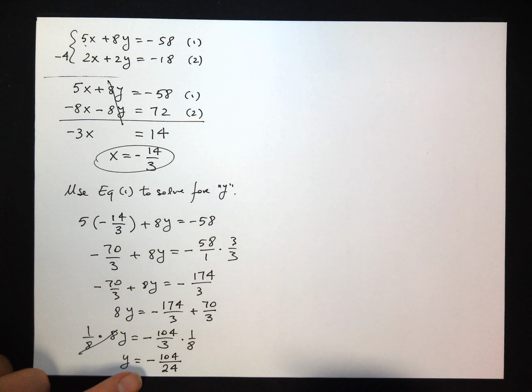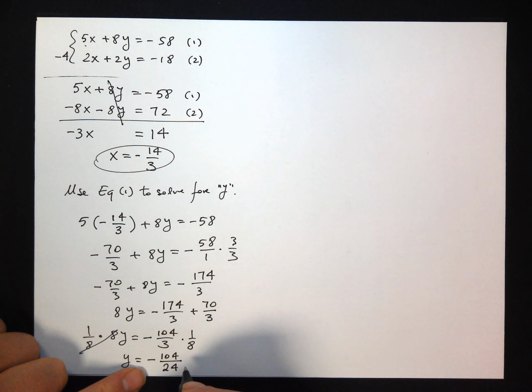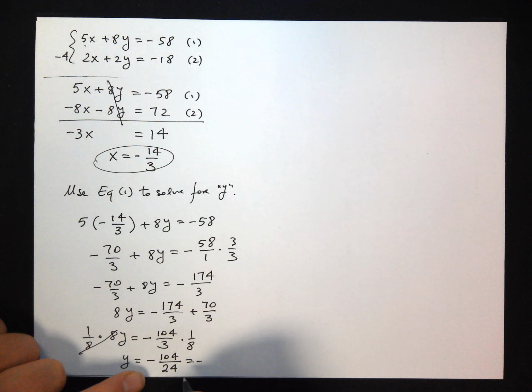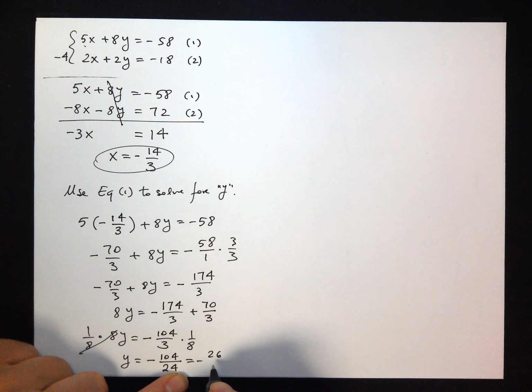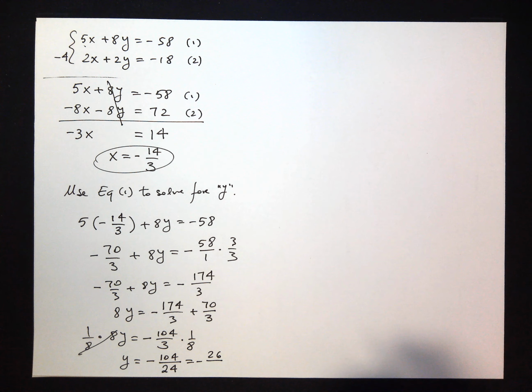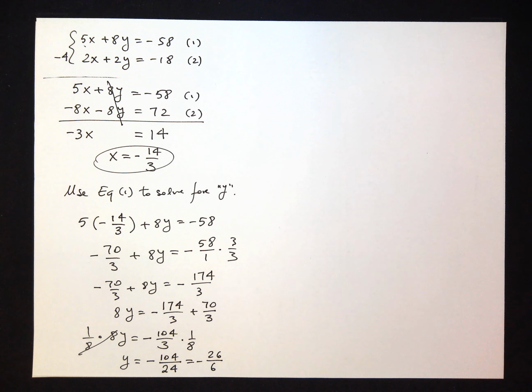If you want to simplify any further, you can. We can divide up and down by 4. 104 divided by 4 equals 26, and 24 divided by 4 equals 6. It seems like we can simplify further, which is good.